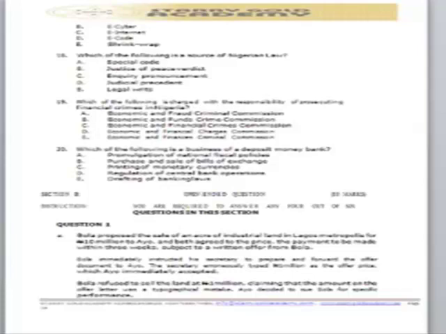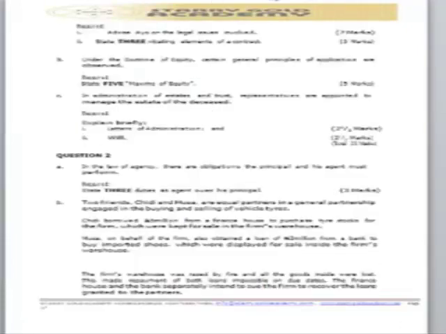When you look at this case very well, you will discover that it has to do with a particular issue, based on what I've said before. Let's first look at what the question is saying before we go on. It says advise Ayo on the legal issue involved.